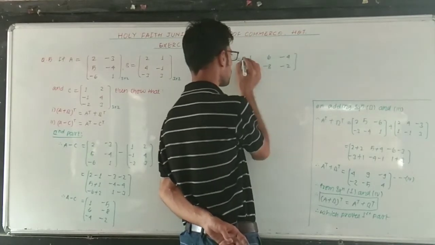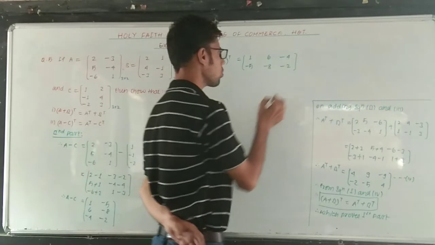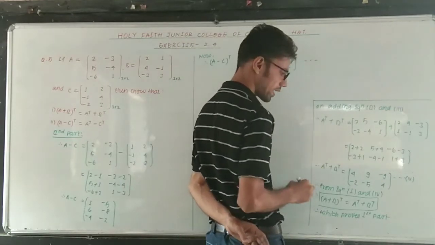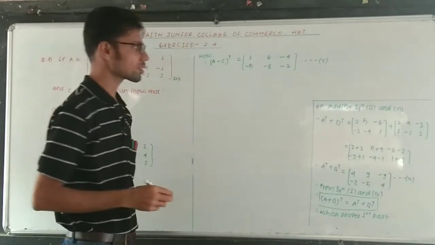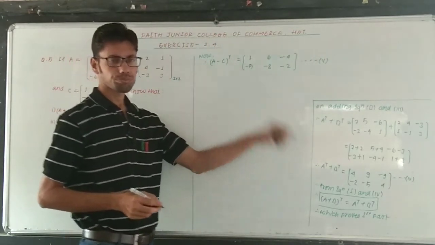This is the value of transpose of A minus C. We give its equation number 5.